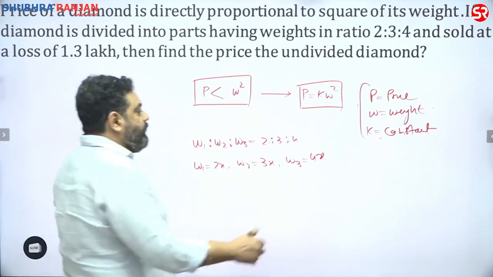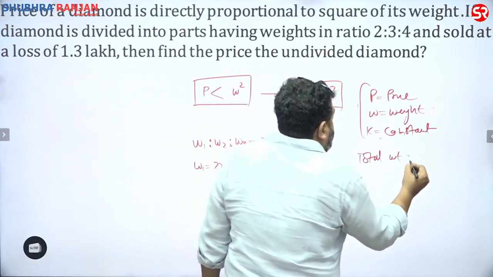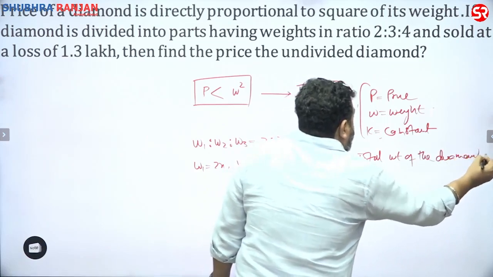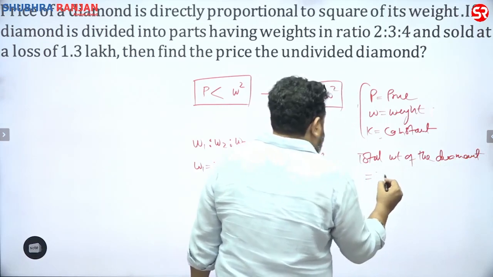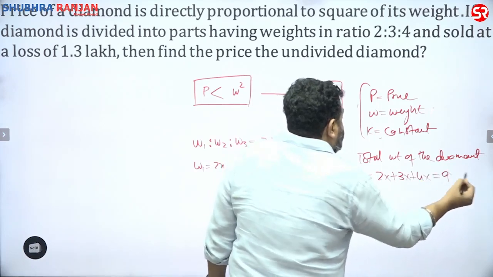So which means total weight of the diamond is 2x plus 3x plus 4x, which is equal to 9x.